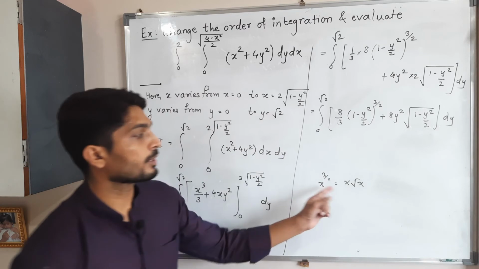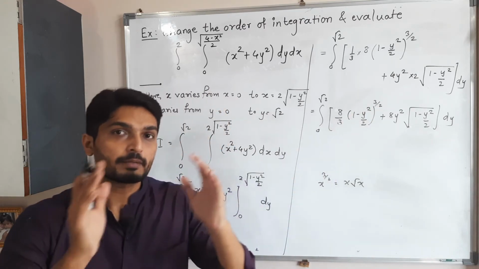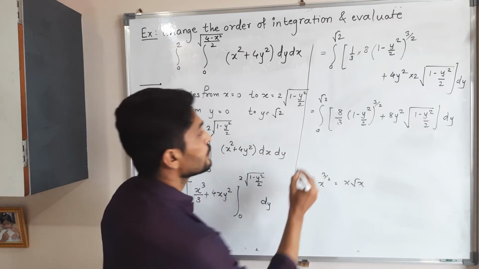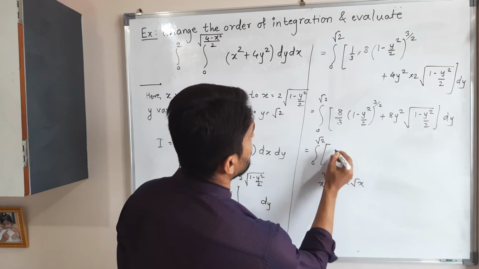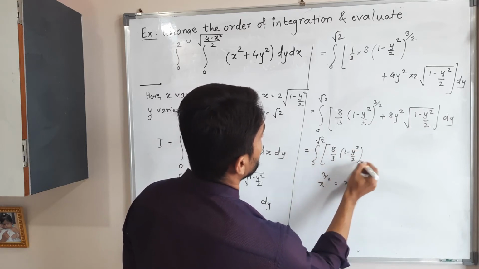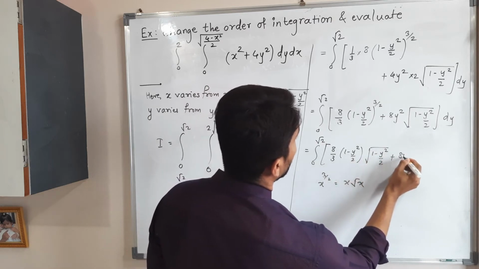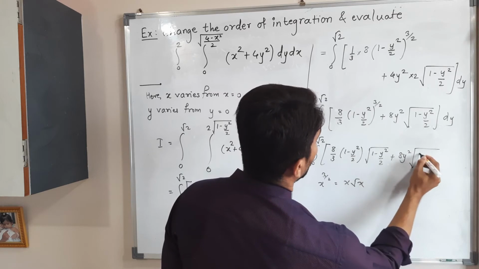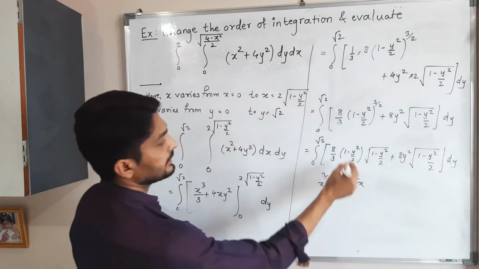Similarly, we have a bracket raised to 3 by 2, that means bracket into root of that bracket. So this is equal to integration 0 to root 2, 8 by 3, 1 minus y square by 2 into root 1 minus y square by 2, plus 8y square root 1 minus y square by 2 dy. Understood? So this is the technique I use there.